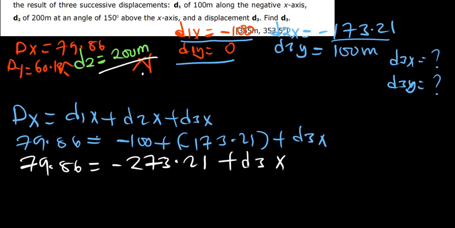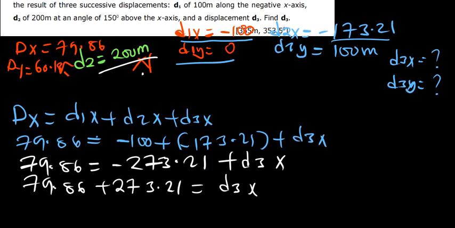Now I can shift this to the left hand side so that I remain with d3x only. So I'll have 79.86 plus 273.21 should be equal to d3x, like that.